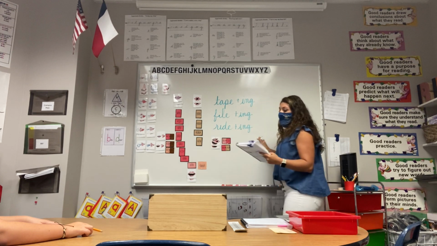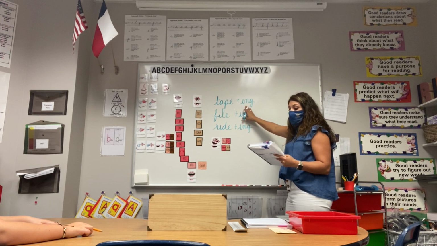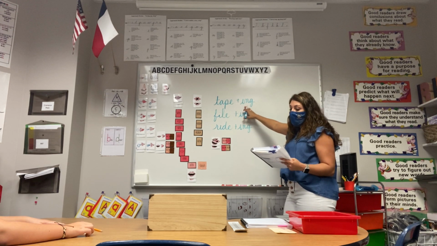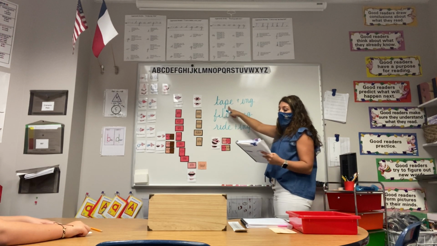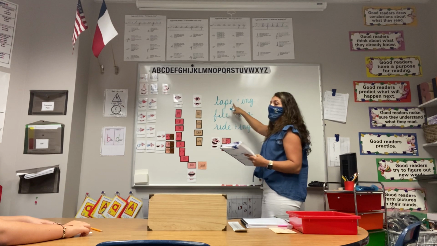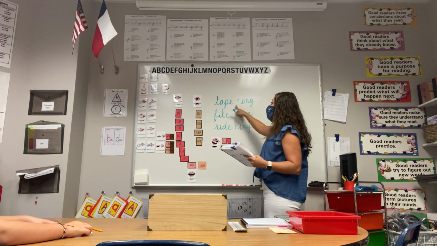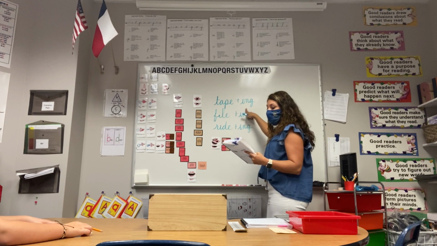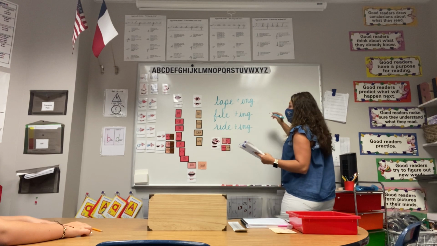Okay? So we know that the spelling of our suffix never changes, right? And we learned that in our last spelling lesson, if a base word ends with a consonant silent E, we drop the silent E and attach the vowel suffix. So let's add vowel suffix ing to each of these words.